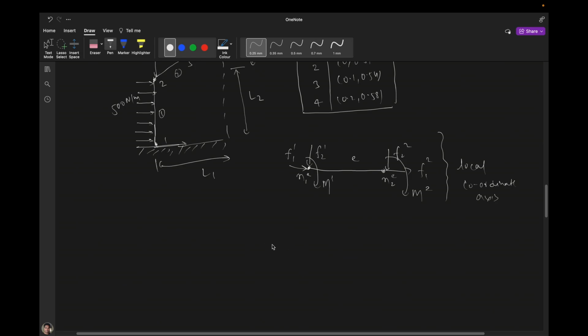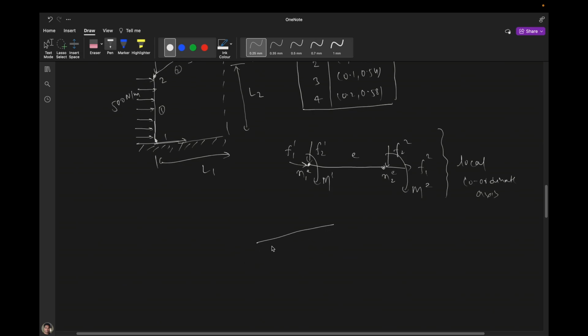Suppose this beam also has this displacement: u1, u2, and it is also rotating, theta 1, at node 1. Similarly node 2 has u1 2, u2 2, and theta 2.